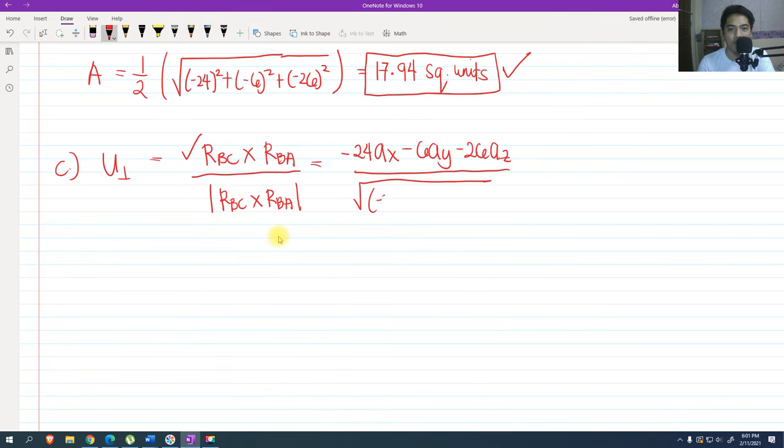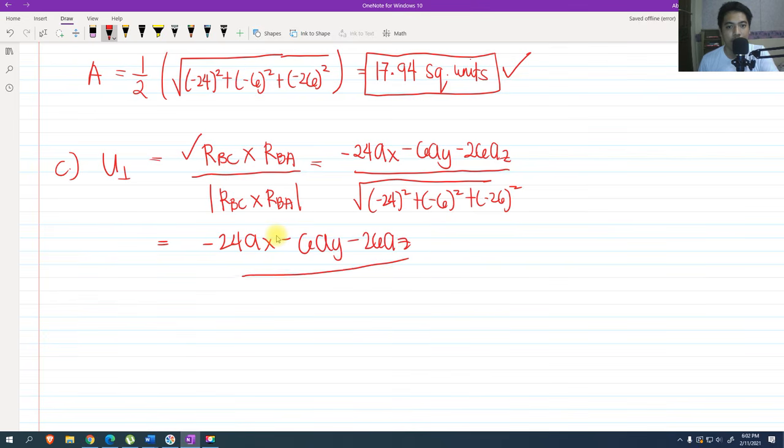So we have negative 24 squared plus negative 6 squared plus negative 26 squared. So if we get the result of the denominator, that should be negative 24 A_x minus 6 A_y minus 26 A_z all over 2 square root of 322. So to get the unit vector, again, our result should be a vector. So we need first to get negative 24 divided by this value.